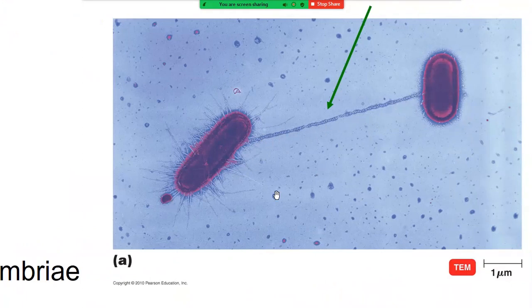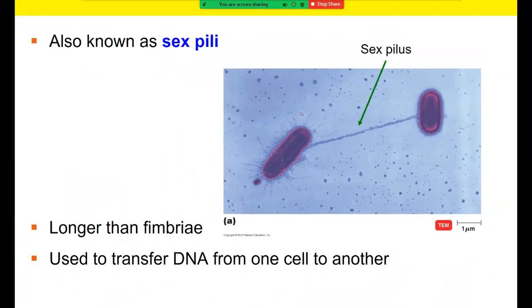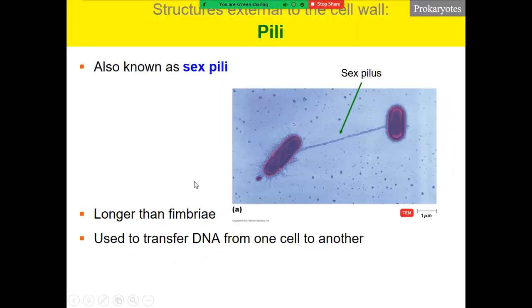It's also hollow. The sex pilus is a structure that actually allows this cell to skewer another cell like this cell here, and then the sex pilus acts as a winch and brings the two cells closer together. They don't have to be really, really close for the sex pilus to act, because pilus is singular, pili is plural.